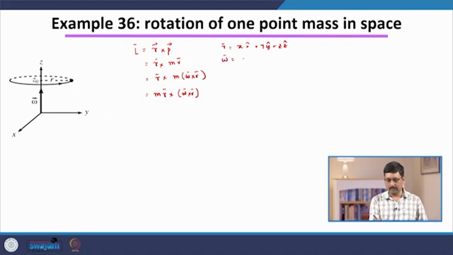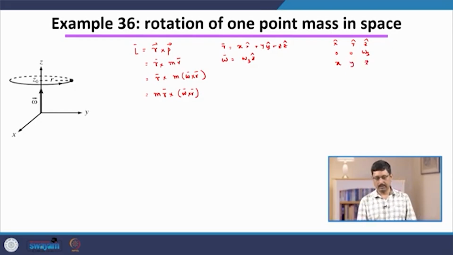Omega, it is given that this is, so the first cross product is going to be, so these are the components of omega and these are the components of r. So, let us take the more general case.